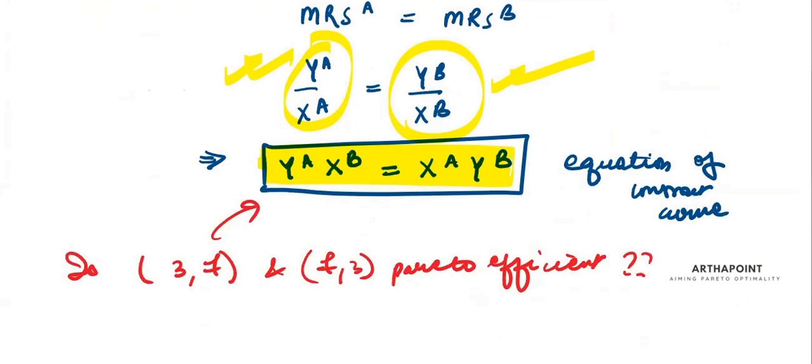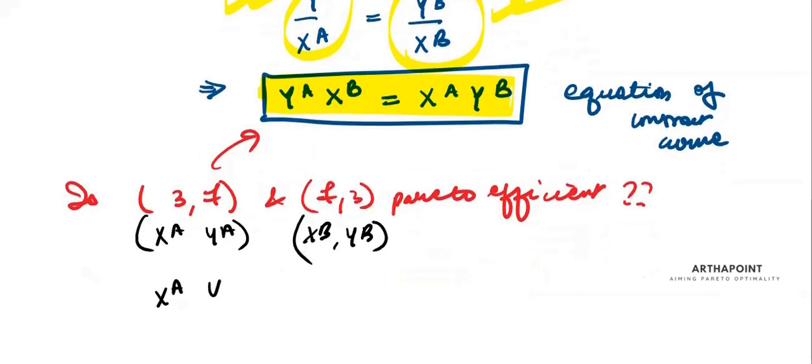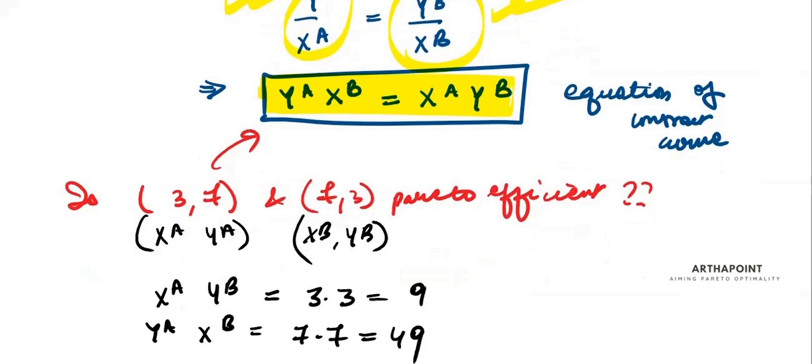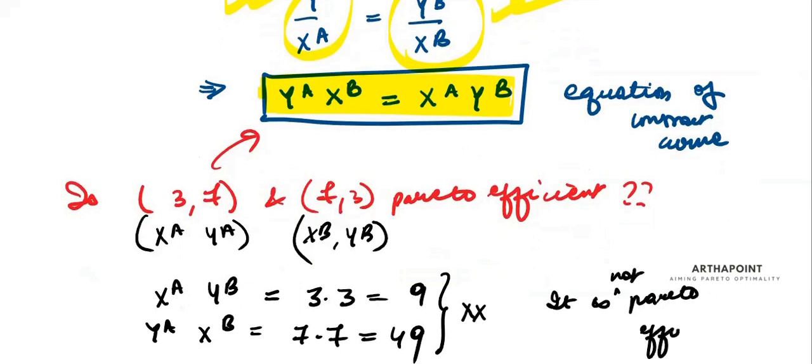So this is XAYA, individual A, and this is XBYB, individual B. XAYB is 3 into 3, which is 9. YAXB is 7 into 7, which is 49. Since these two are not equal, it is not a Pareto efficient point.